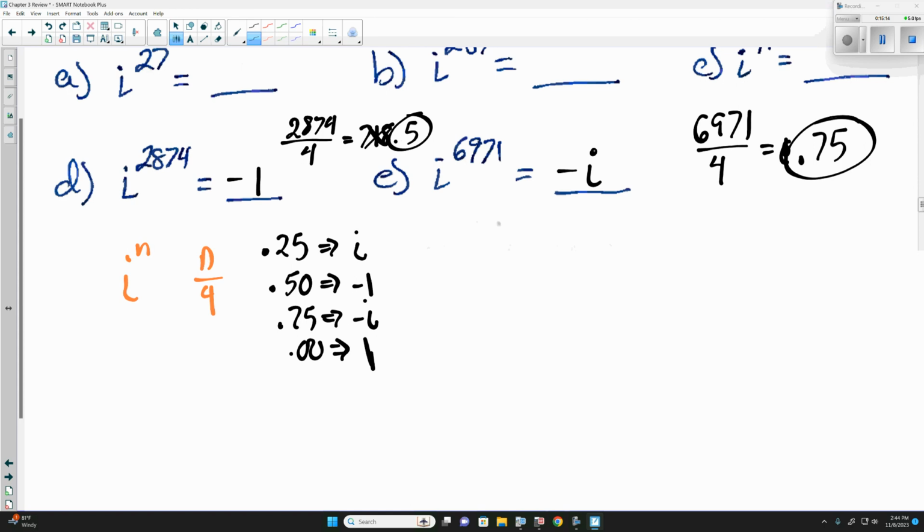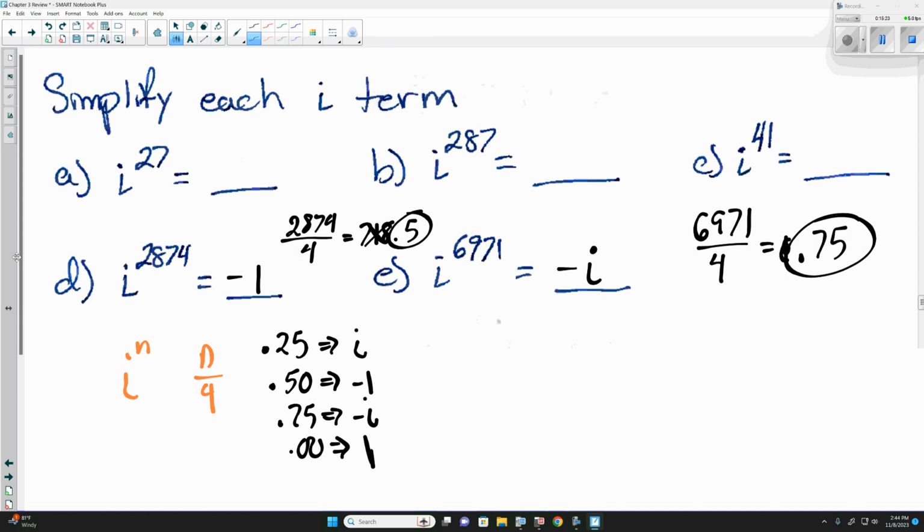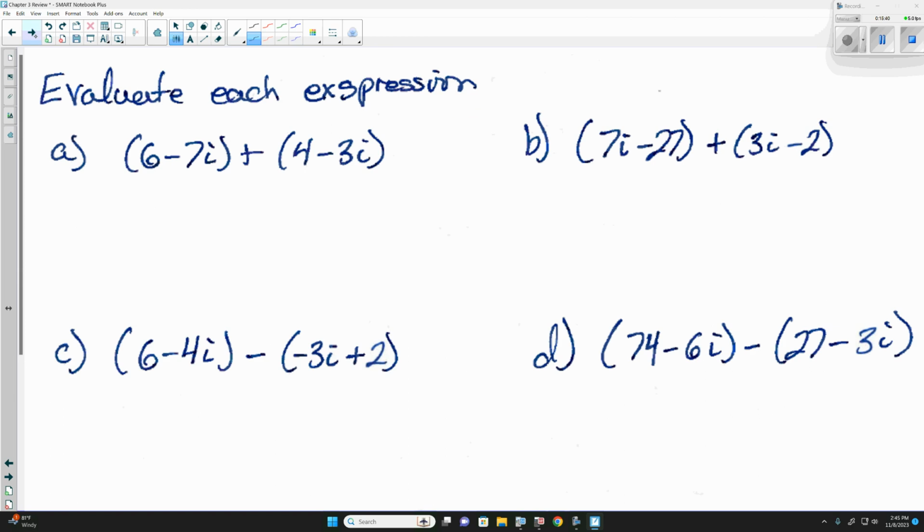Questions on any of this so far? Question on A, B, or C? How to do any of those? We good with A, B, and C? All right, questions on A, B, C, D, E?